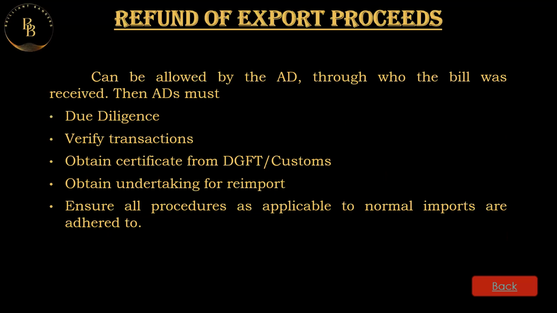It can be allowed by the ADs through whom the proceeds of the export bill were originally received, provided the exporter has submitted the evidence of re-import of goods into India on account of poor quality, trade dispute, etc. However, in such cases, the ADs must exercise due diligence regarding the track record of the exporter, verify the bona fides of the transaction, and obtain from the exporter a certificate issued by the DGFT or the customs authorities that no incentives have been availed by the exporter against the relevant export, or that the proportionate incentives availed, if any, for the relevant export have been surrendered.